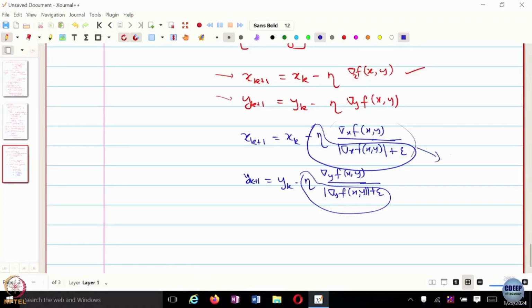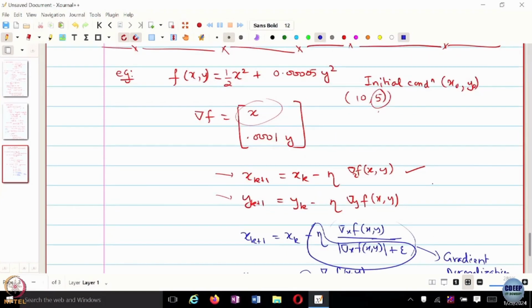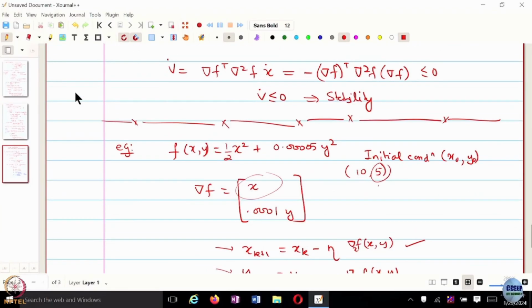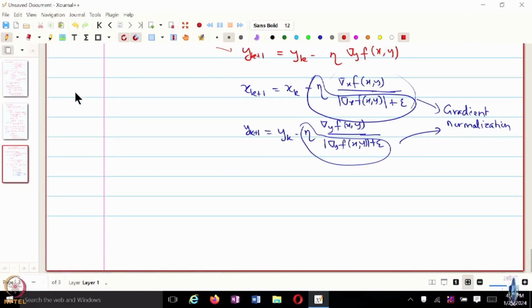So this gradient normalization is quite useful, and that's something we are going to formally look at in today's lecture. I was saying that there aren't many choices of Lyapunov function that you can work with. As I said, f of x minus f star and half norm gradient f squared. So what are the choices of Lyapunov function?